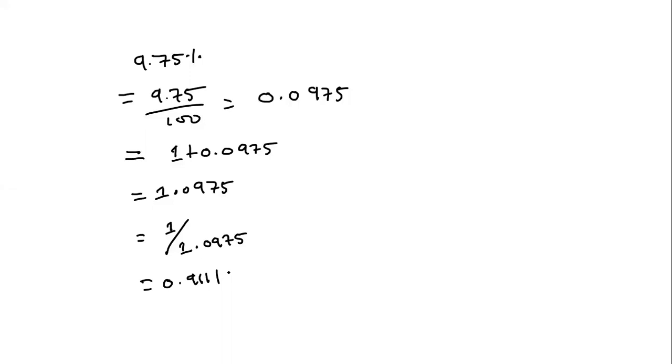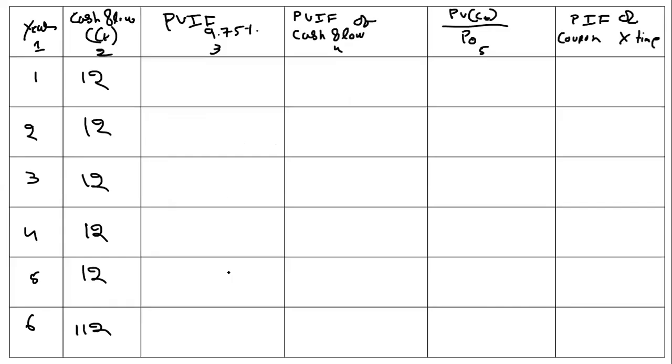Now in the calculator, once you get the result 0.911, go on pressing the equal to button. For the second year, if you press equal to, you will get 0.8302. So you can go like this and calculate in the calculator. Let me write in this column. First year it will be 0.9111.